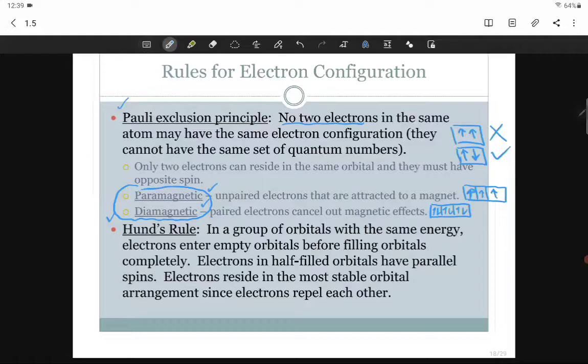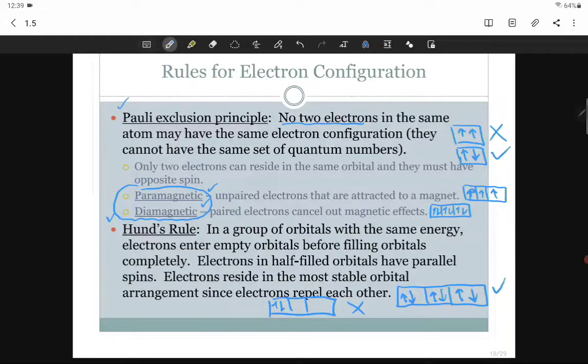Hund's rule. It might be easier for me to show Hund's rule, but you can read that. So Hund's rule is you have to put one electron in a box in one of these orbitals, suborbitals, before you double up. Okay, so this would be good. That would be bad.